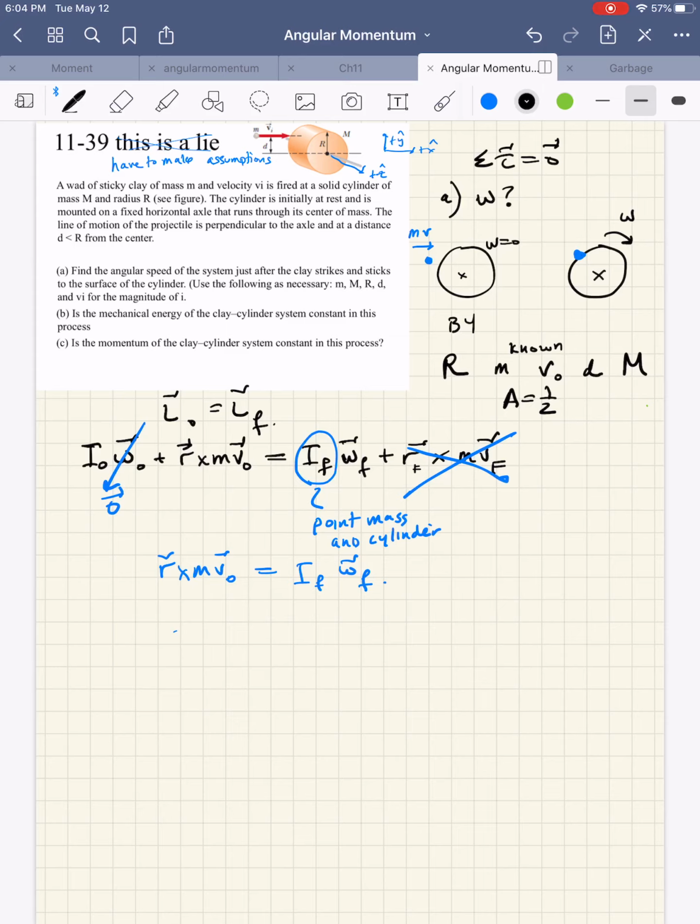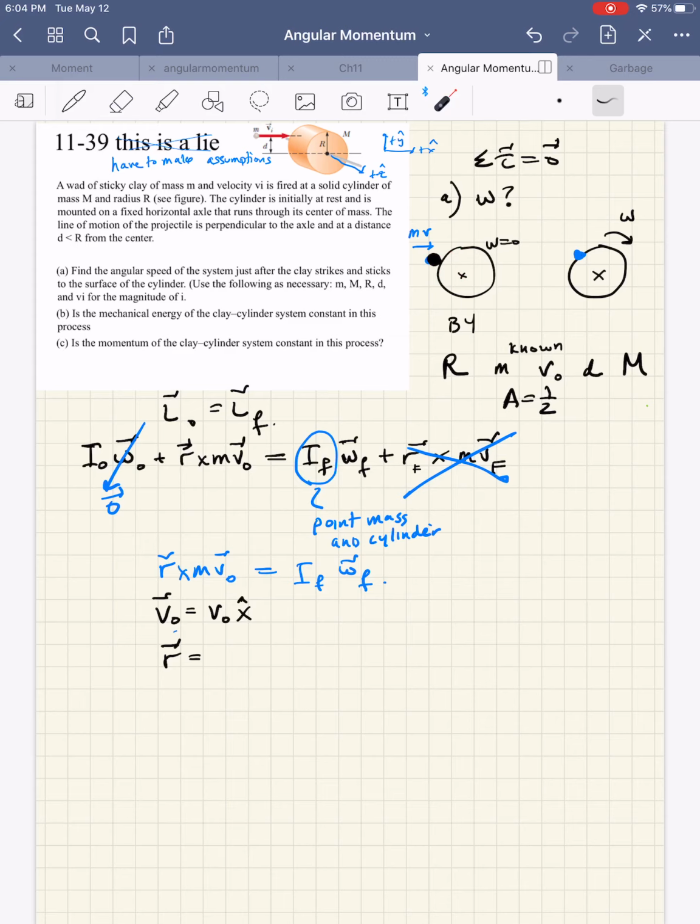So let's go ahead and move with this here. I'm going to find an expression for my initial velocity. It's a vector, and it's coming in the positive x hat. Here's the positive x hat. Here is my velocity. I'm going to find an expression for r right before it hits. So maybe I'll make the mass closer here for before. And relative to the center or the axis of rotation, this would be my r value right here.